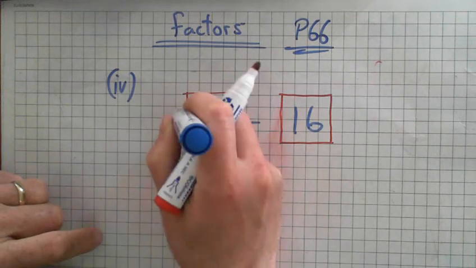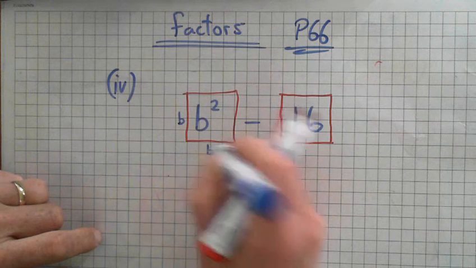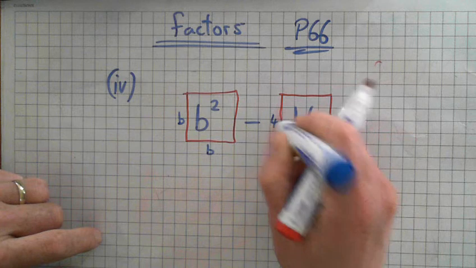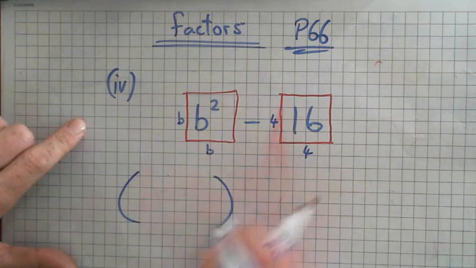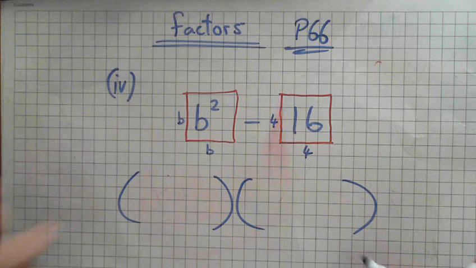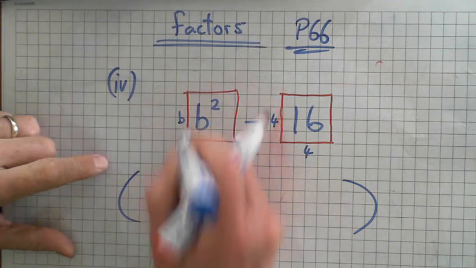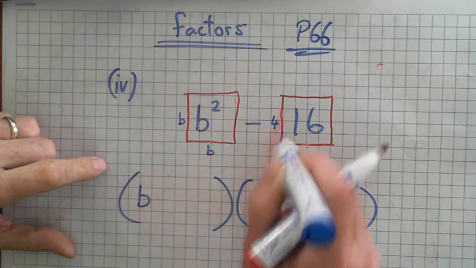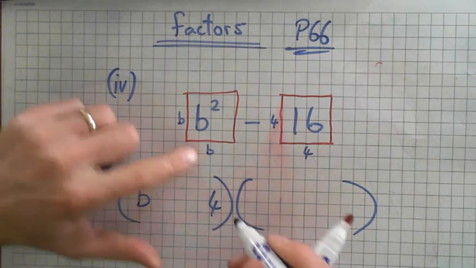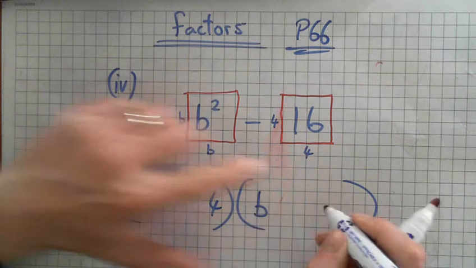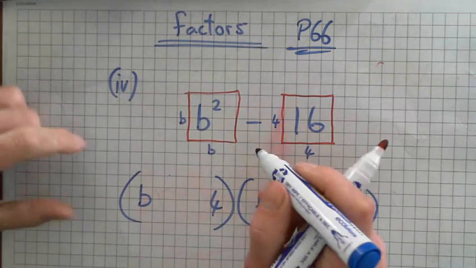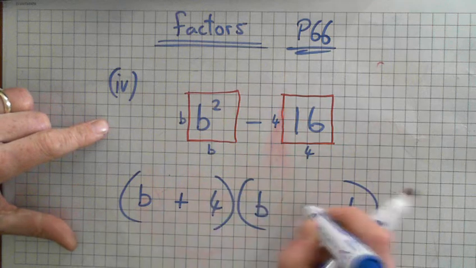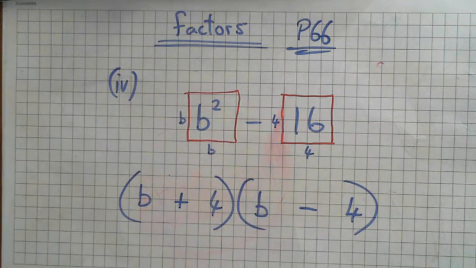How do you get b squared? b is a square number, b times b. All you have to do is 2 brackets. One of the b's goes here, the 4 goes here. This b goes here and this 4 goes here. Now to get a minus you need a plus times a minus. That's all you have to do for that.